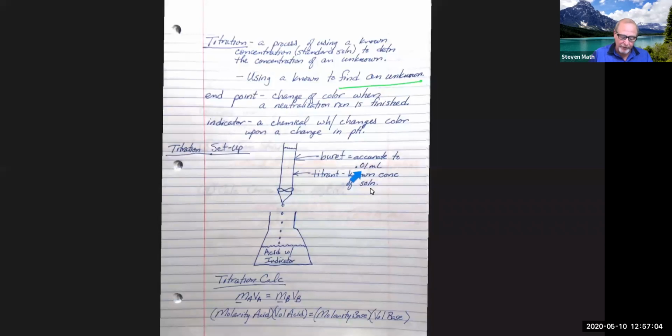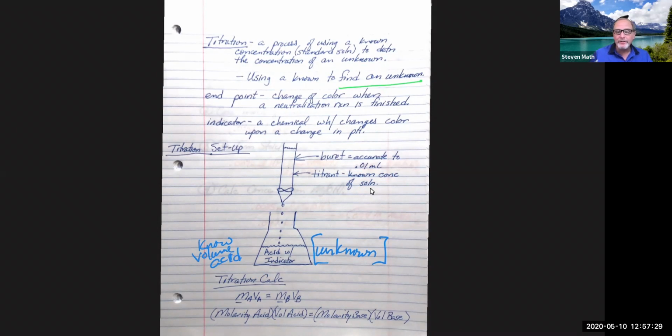That's the substance that we know the concentration of. Down here in the flask, that's our unknown. That's the unknown concentration. What we do know is the volume of our acid. And that's kind of helpful.